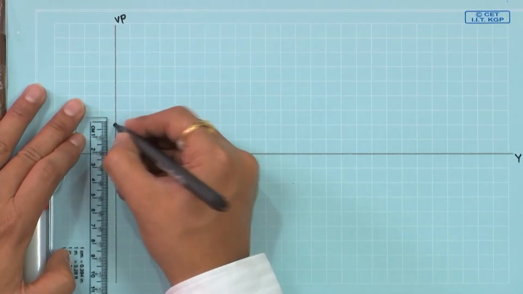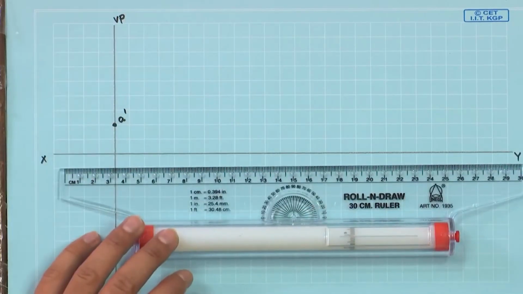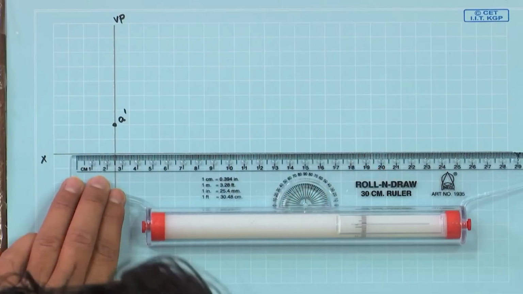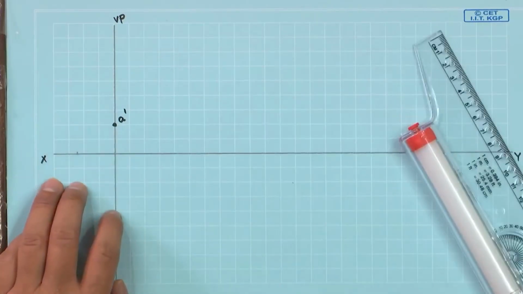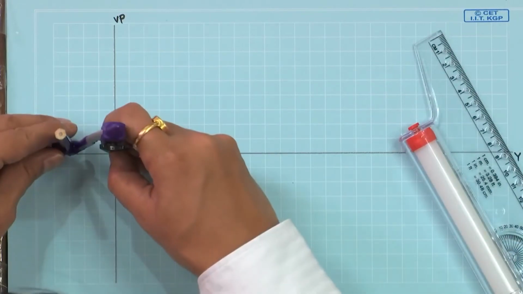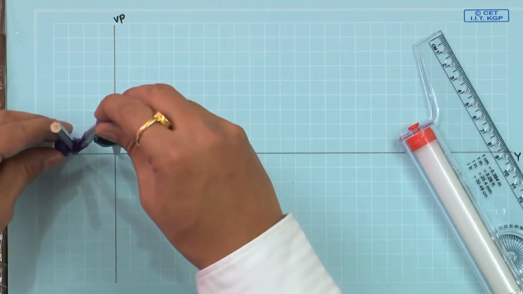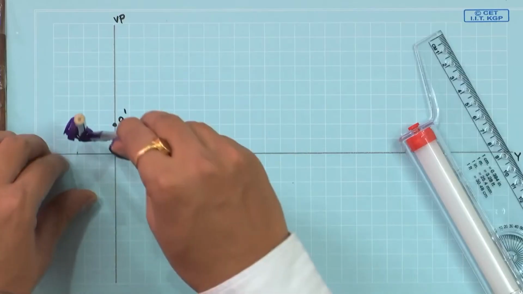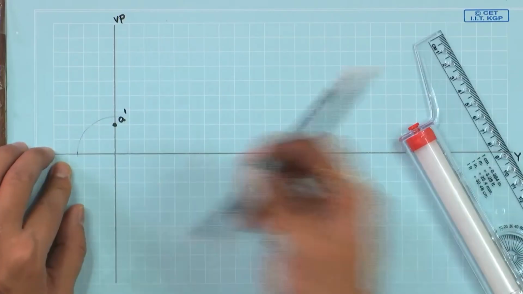This is, let us call A prime, and 25 mm behind VP, maybe this point. Transfer that point somewhere there.